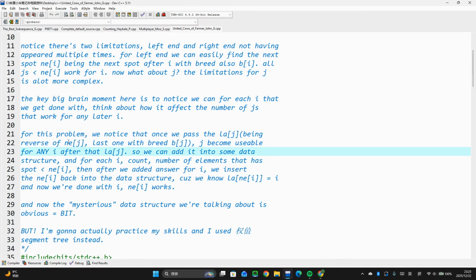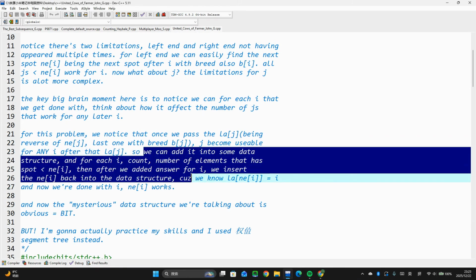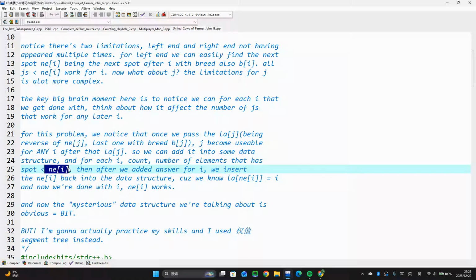Specifically, we know NE_J is the next appearance of the breed of J, and LA_J is the last appearance before J of breed J. So after we get past LA_J, J becomes usable for any I after this. So we can add it to some data structure and then count the number of J that are also less than or equal to NE_I, because that's the other constraint, obviously.